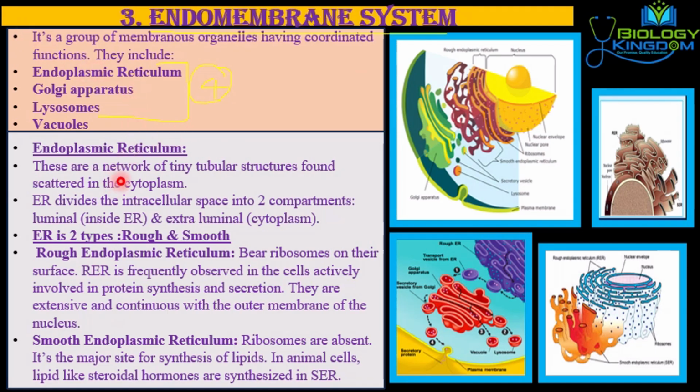So endoplasmic reticulum is nothing but tiny network tubular structures found inside the cell space. So it divides the cell inside into two, as a rough endoplasmic reticulum and smooth endoplasmic reticulum.